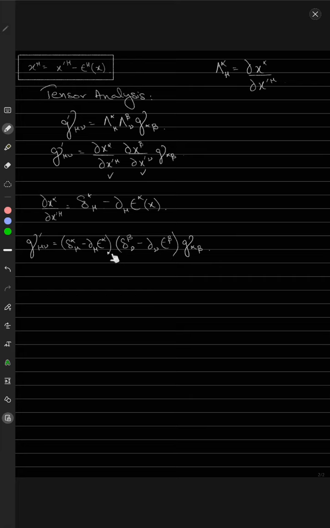To do that, let's just multiply these two brackets. So g prime mu nu is equal to, multiplying this with this, delta alpha mu delta beta nu g alpha beta. That's the first term. Now what would be the second term? The second term would be, with a minus sign of course, delta beta nu partial mu epsilon alpha g alpha beta.